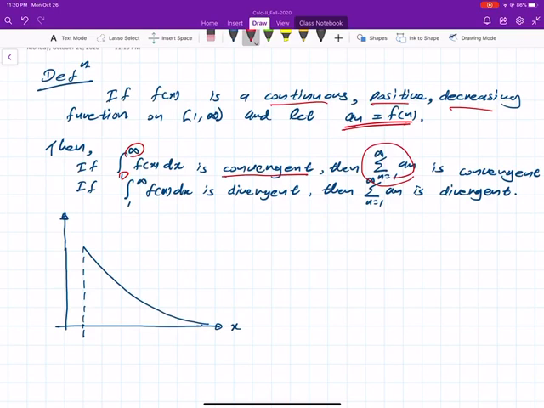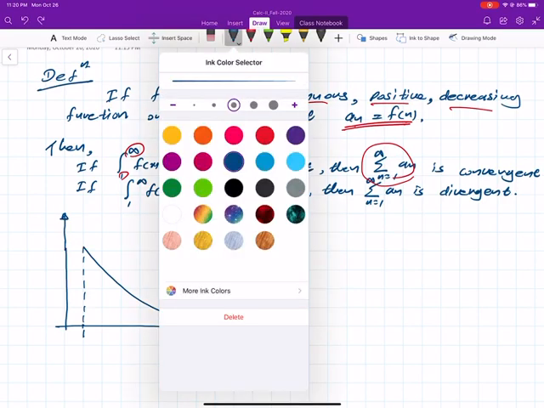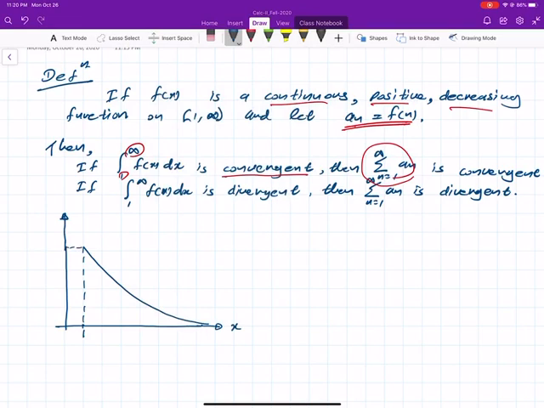So this is 1. Here you have f of 1 which equals a1, and let's say this is 2.